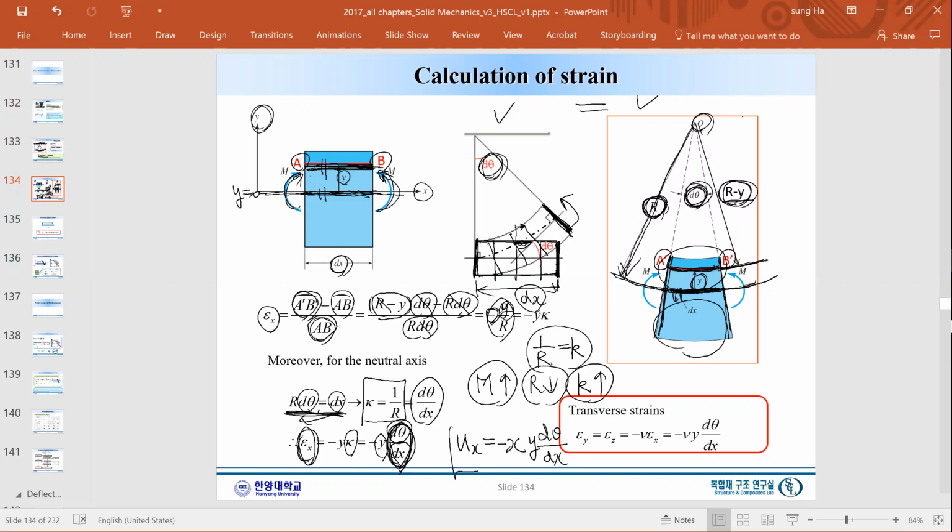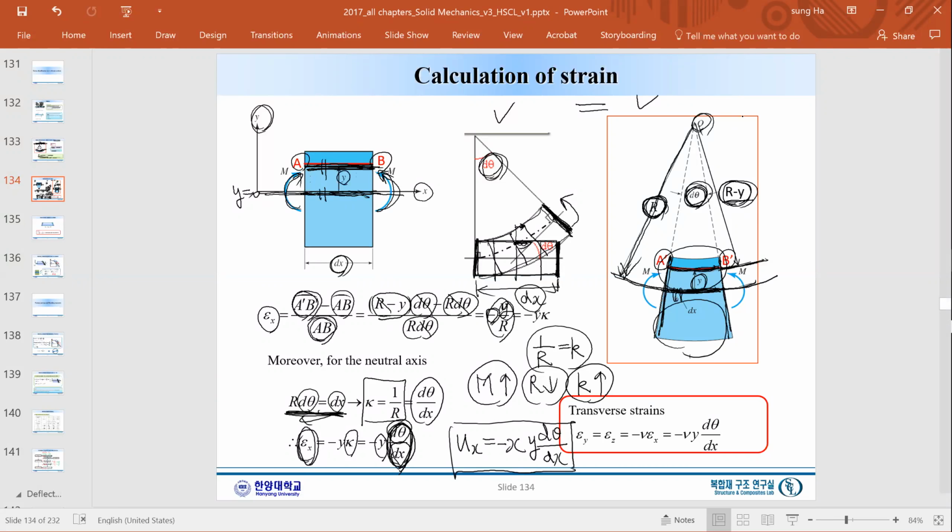Actually, this is the displacement observation we made, and this one can be written like that. The geometrical is a little bit difficult, and this time starting with the strain is a little easier than starting with displacement, but in terms of displacement, this field can be written as ux.